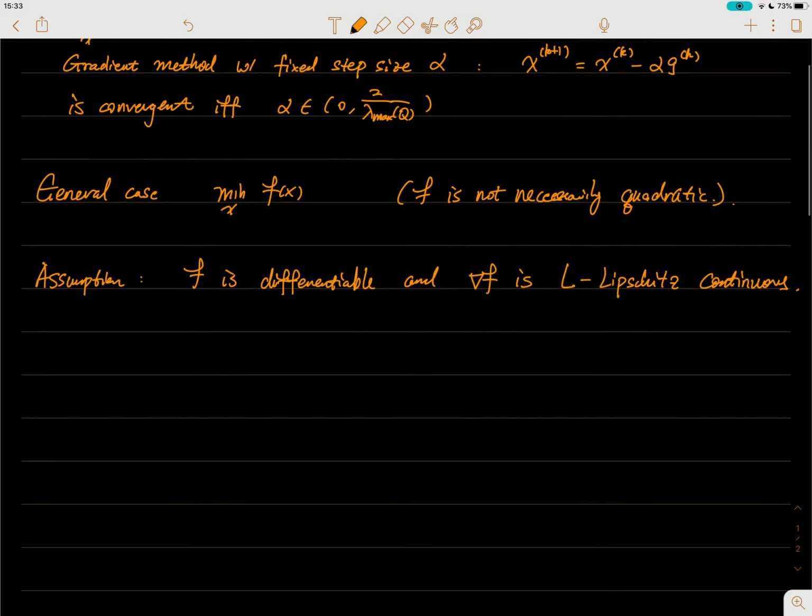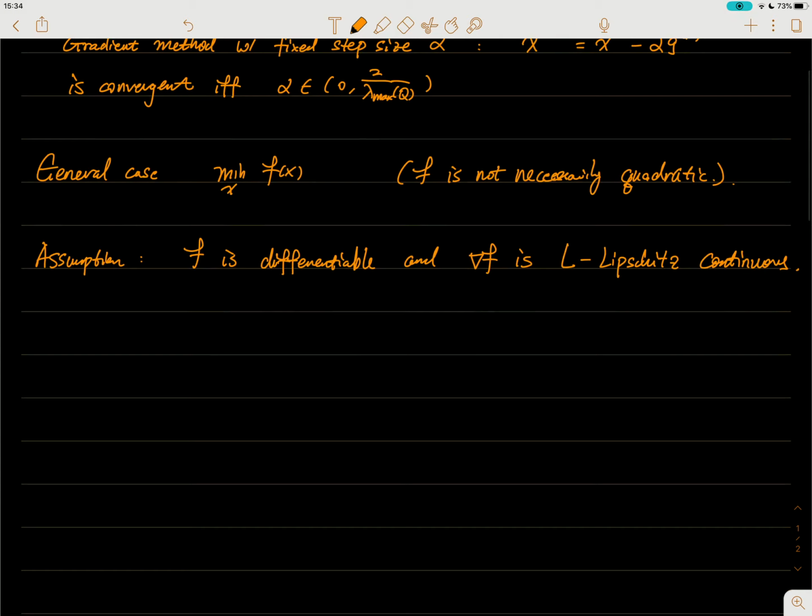I believe you have all seen the definition of Lipschitz continuity, which means that for any x and y, the norm of the gradient of f at x minus the gradient of f at y is less than or equal to L times the norm of x minus y.